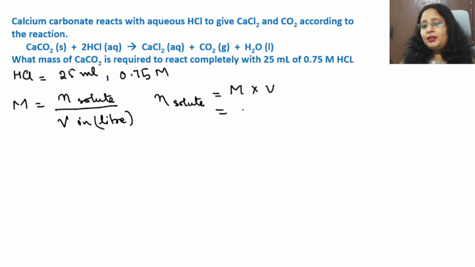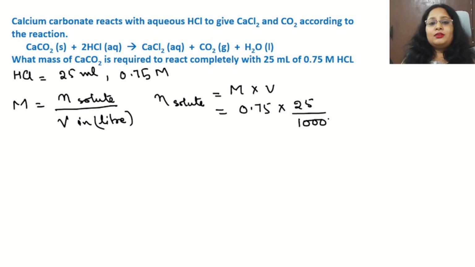So molarity is given 0.75 and volume is given 25 ml. But we need to take volume in liters, so we will divide the 25 by 1000. Now this term is volume in liters. Now after calculation, we get the value 0.01875 moles. So these are the moles of the hydrochloric acid which is used in the reaction.